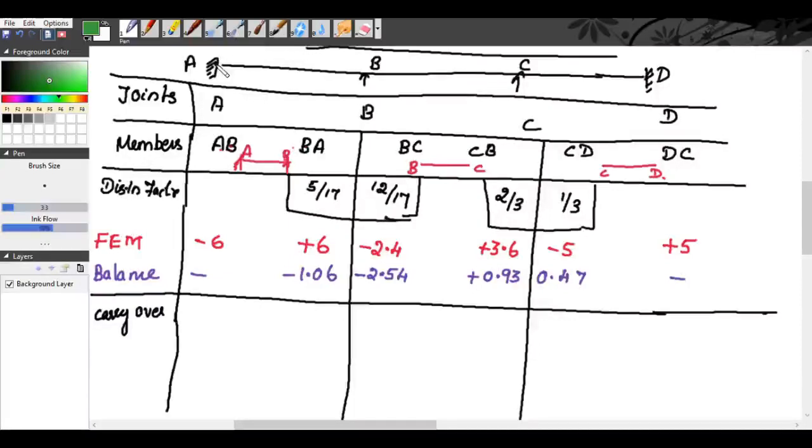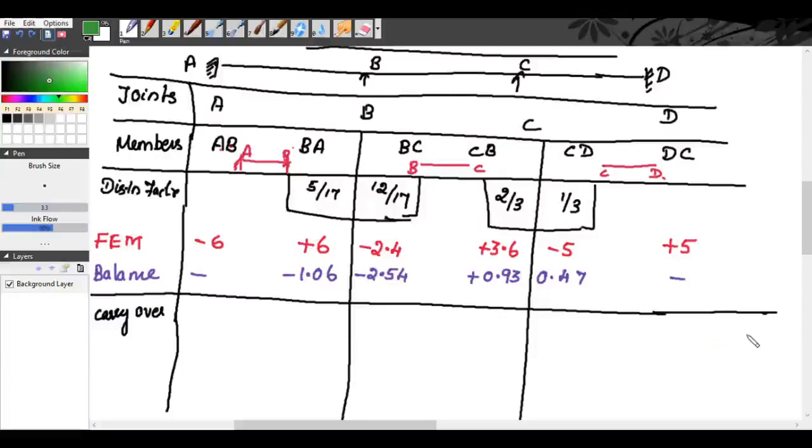If the far end is fixed, then half of the moment will be carried to the far end in the same direction. That is, M dash is equal to M by 2. Moment at the far end will be equal to moment at the near end divided by 2. That was our third proposition we are going to use here.